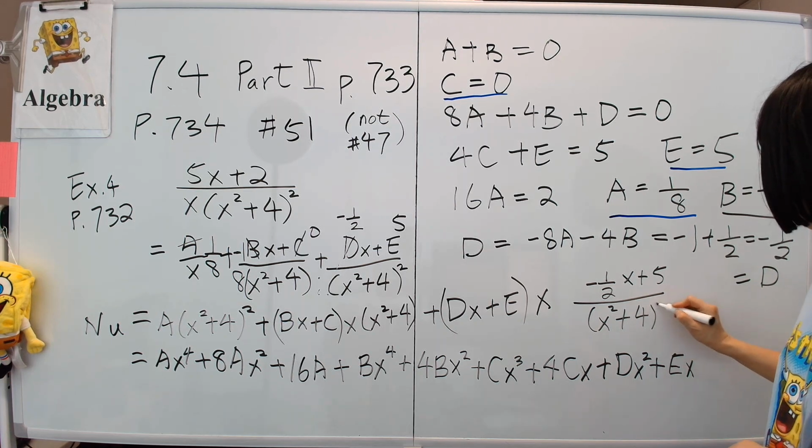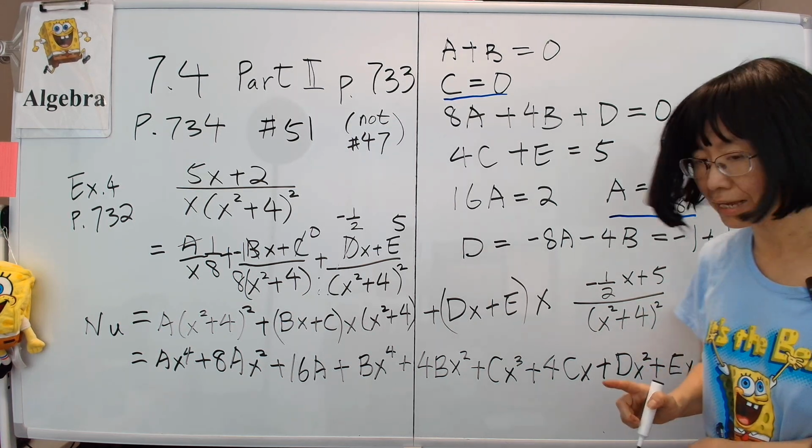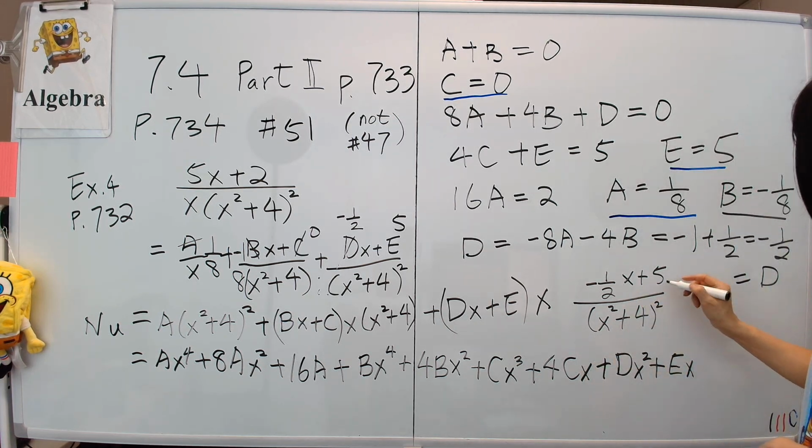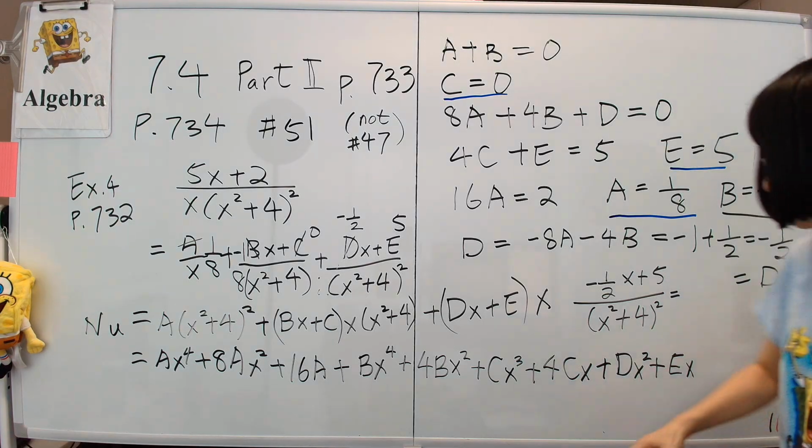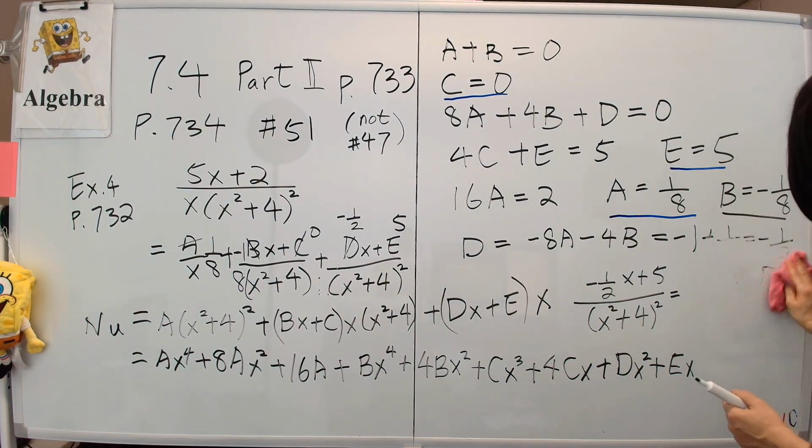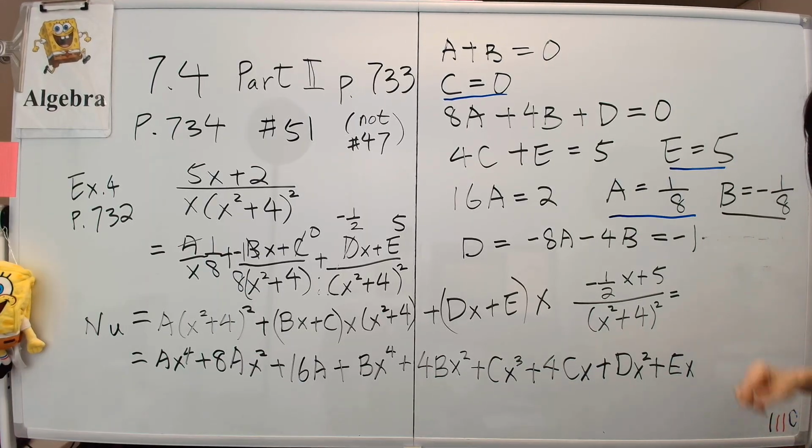Now to make it look like the answer in the back of the book, we'll do this. Let me get rid of some of this stuff. What we're going to do is rewrite this as minus 1/2 times x plus 10.